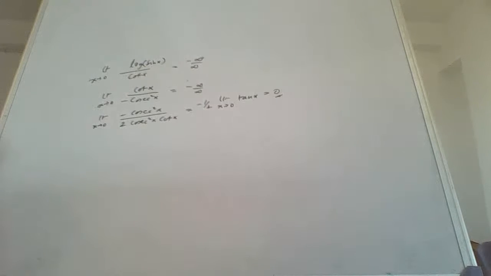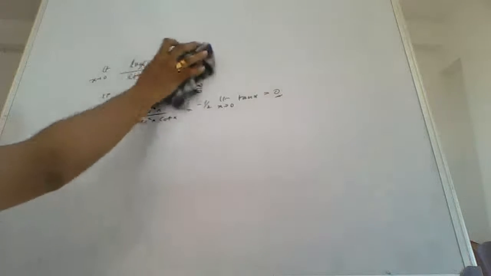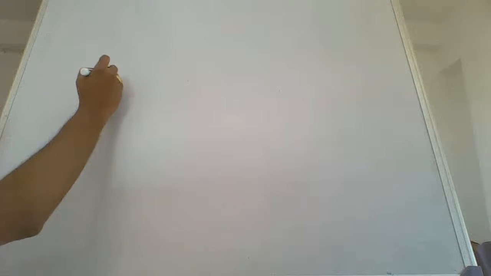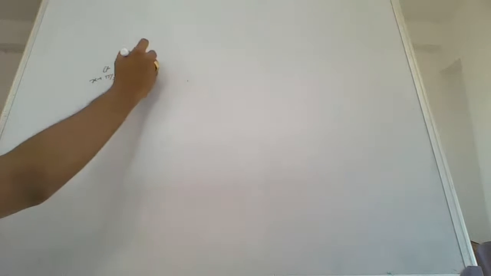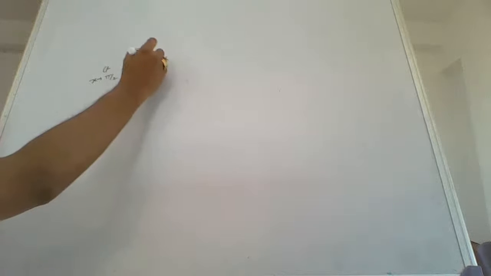Okay, let us look into the next problem here. Again, I have the limit as x tends to 0, or let me put pi by 2 here. The limit as x tends to pi by 2 of log of cos x divided by tan x.